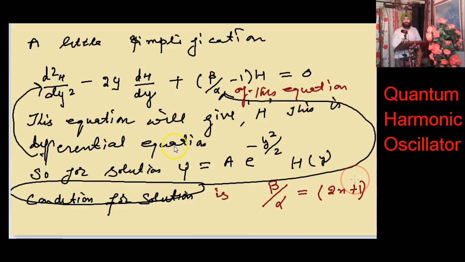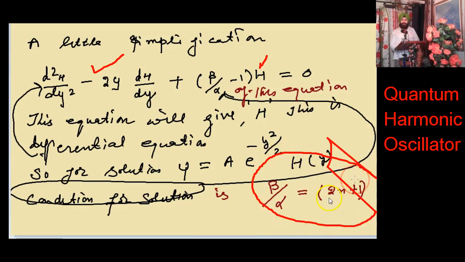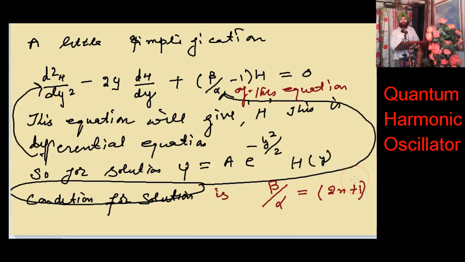This differential equation will give us the value of h only at one condition: if beta upon alpha equals 2n plus 1. If beta upon alpha does not equal 2n plus 1, it is not possible to find the value of h. We can find h only if beta upon alpha is 2n plus 1, where n equals 0, 1, 2, 3 and so on.